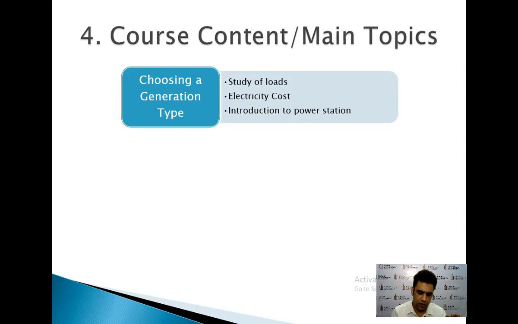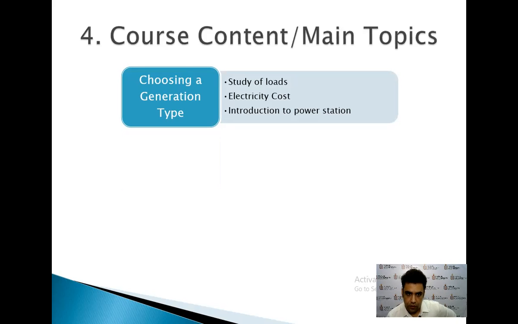After comparison, if the generating station is expensive for me, I will not go for it. So electricity cost is also important. Then, introduction to power stations: if I'm going to choose a power station, I should know about the different types of power stations. So in this phase, we'll just study the basics of power stations, electricity cost and loads.